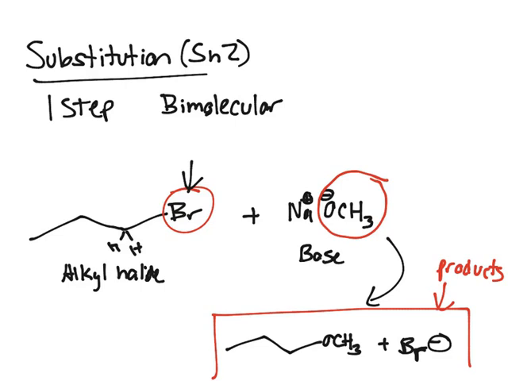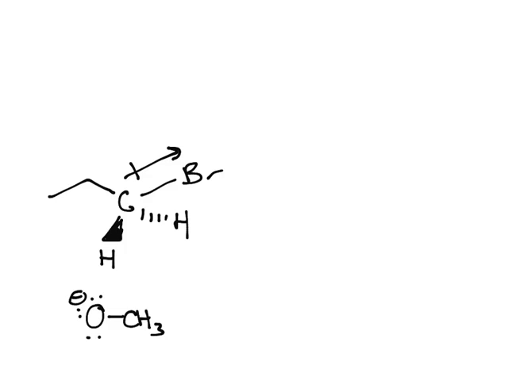And so what's going to happen is, let me just draw a better picture of this. So this is what the molecules would look like. You have a partial positive on this carbon right here. And as a result, the mechanism of this is this OCH3 is going to attack that carbon because it's partially positive.